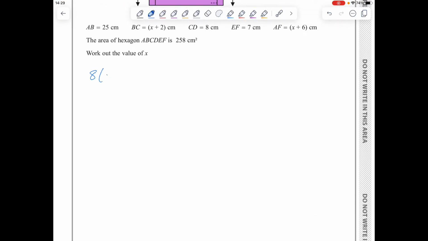So 8x plus 2 plus the area of the trapezium, base 1 plus base 2 times height over 2 plus the area of the purple rectangle, 7x plus 6. And this, as I said before, is equal to 258.